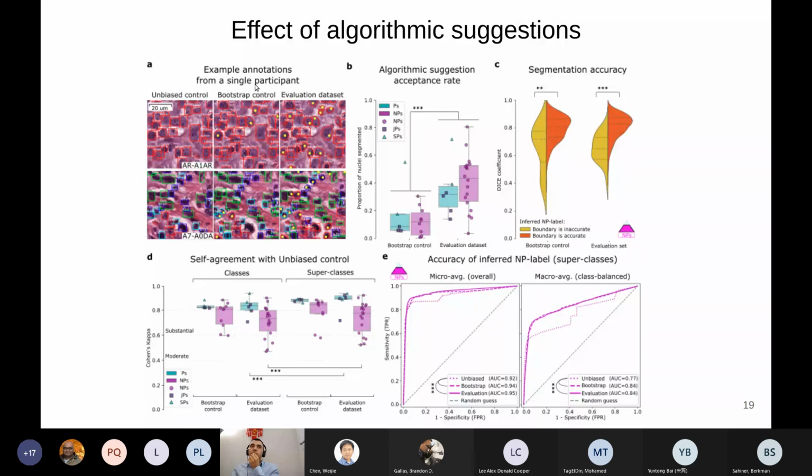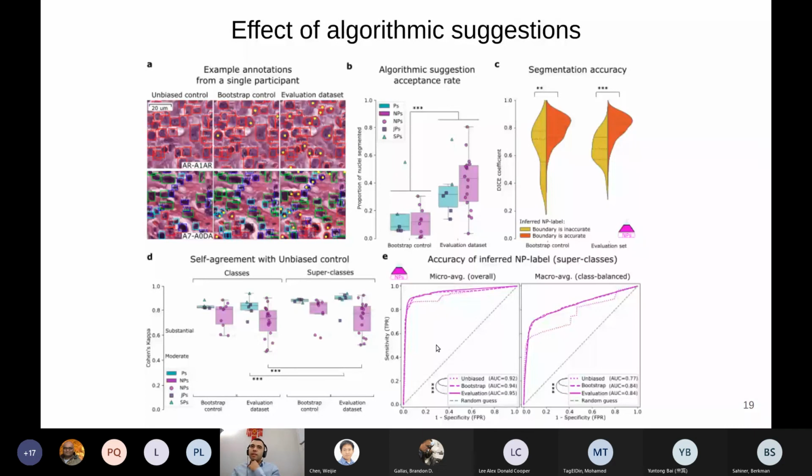This is looking at annotations from a single person, the same person, who happens to be a junior pathologist. And you can see that, as the quality of the suggestions improves, people click more nuclei. And more than that, the nuclei they click are also more accurate. So basically, this is just validating the idea of how we generated these algorithmic suggestions.